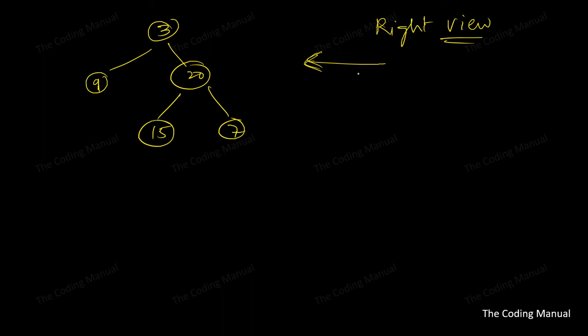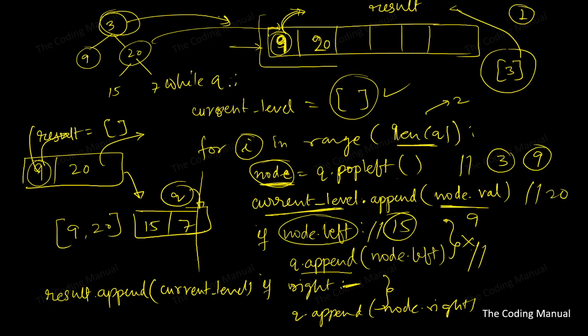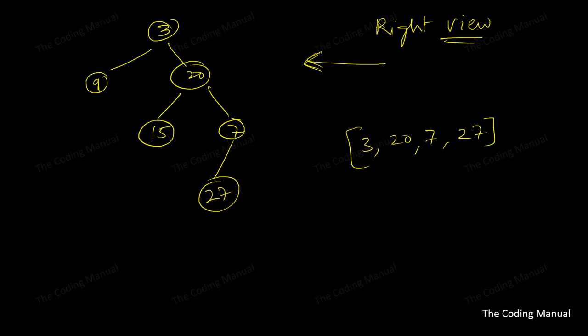We can utilize the exact same solution to solve this question. So the right view of this will be 3, 20, 7. This would be the answer, and there is a slight change in this solution, and we can do that.